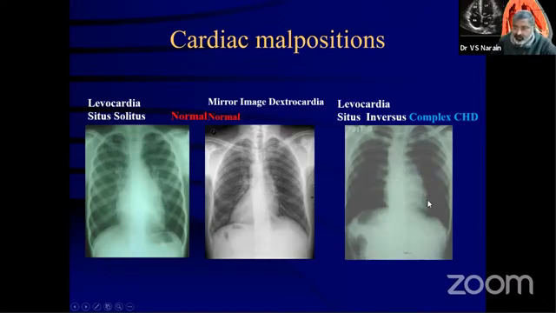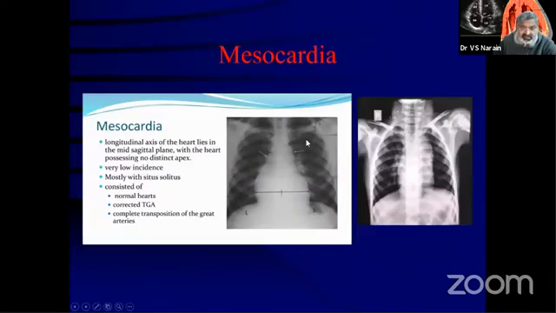Abnormalities will be found where you have isolated levocardia, where the situs is reversed, that is, the abdominal situs is reversed, the stomach has come here, the liver has gone here, but the apex remains on this side. And so this is isolated and is always associated with complex congenital heart disease and quite commonly associated with L transposition of great arteries.